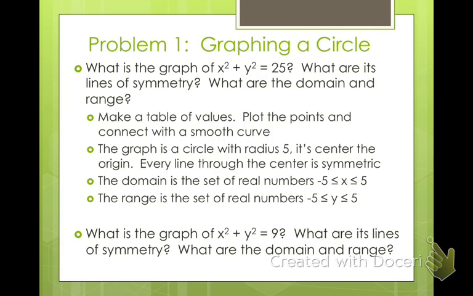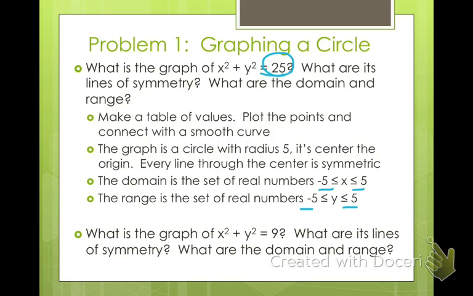What about this one? If we were to graph x squared plus y squared equals 9, what are its lines of symmetry, and what are the domain and the range? Well, hopefully you noticed a pattern from the first one to the second one. What do you notice about the equation and our domain and range? Well, it equals 25, and the domain and range are from negative 5 to positive 5.